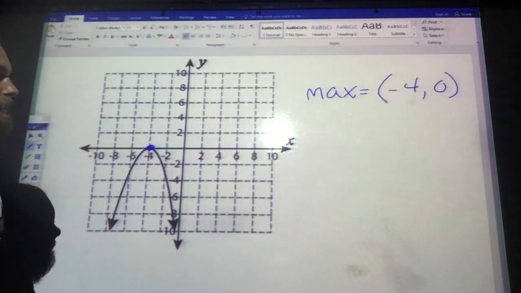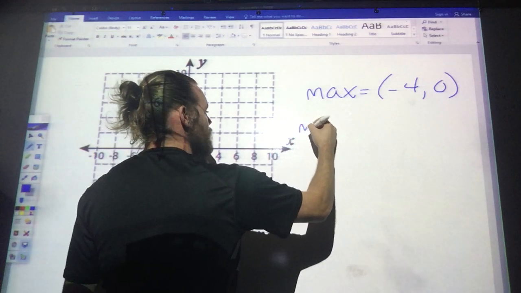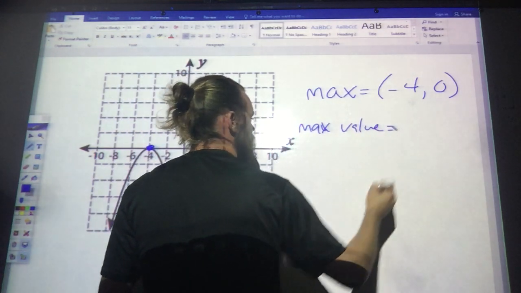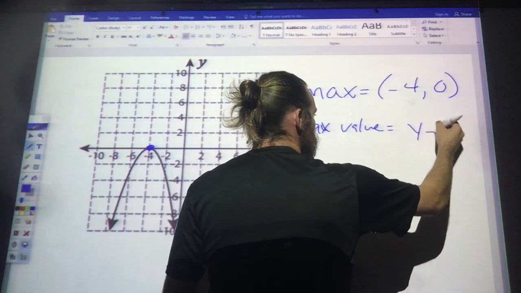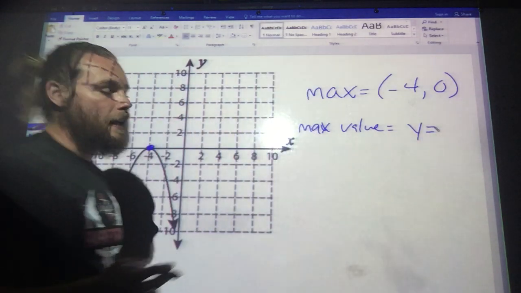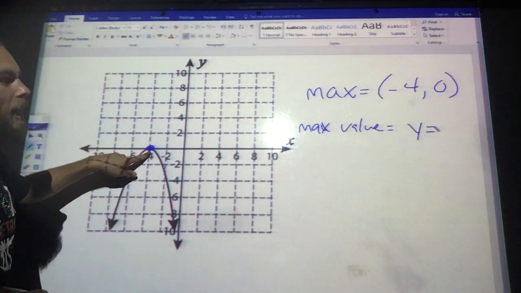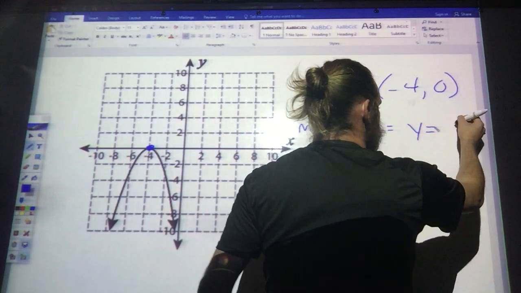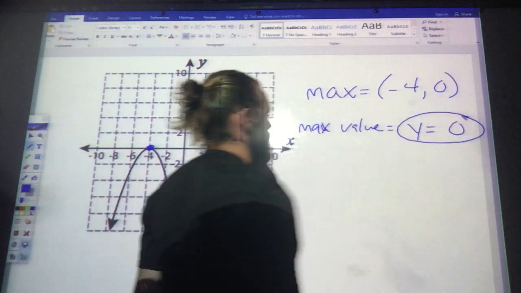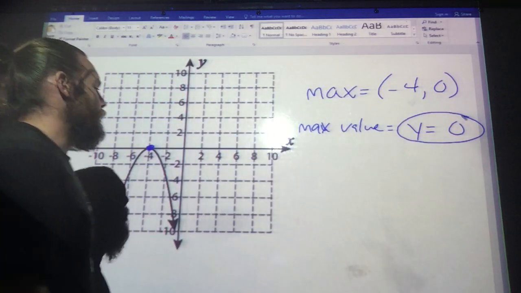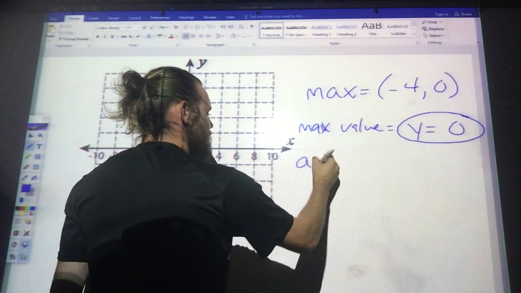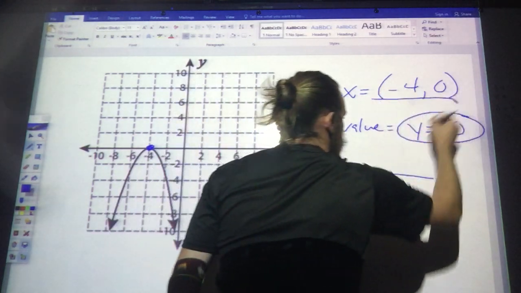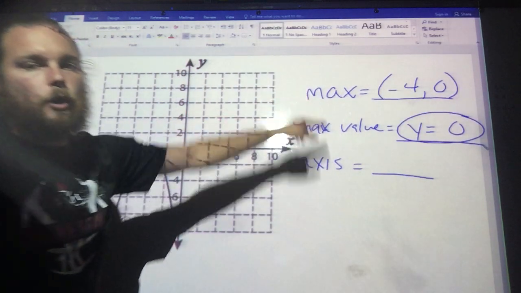Okay? So that to us means our max value would be y equals the y value of our maximum point. In this case, our y value is 0. You can also determine the axis of symmetry from your maximum or minimum value.